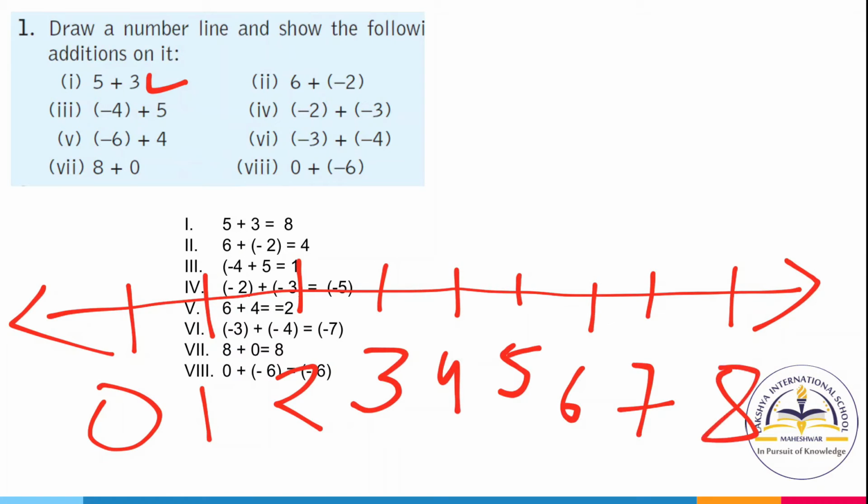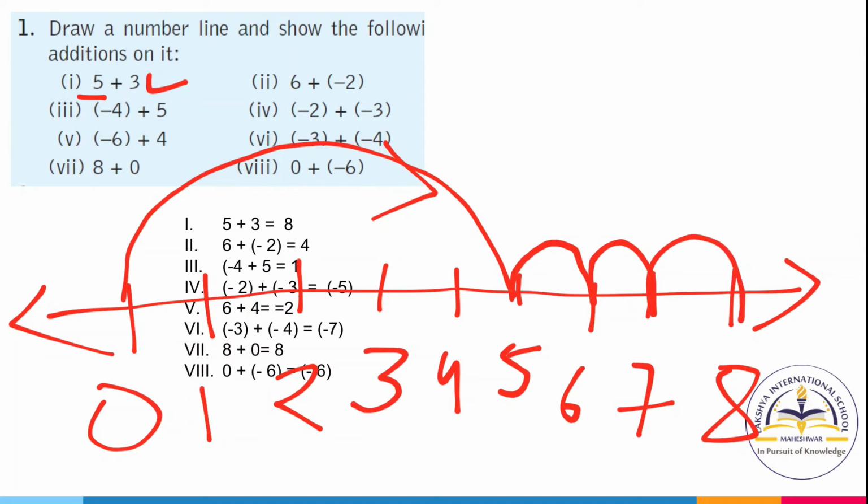Okay, so first our first number is 5, so 0 to 5. Okay, now 5 plus 3, 5, 1, 2, 3. Okay, so our answer will be 8. So like this you have to represent them.